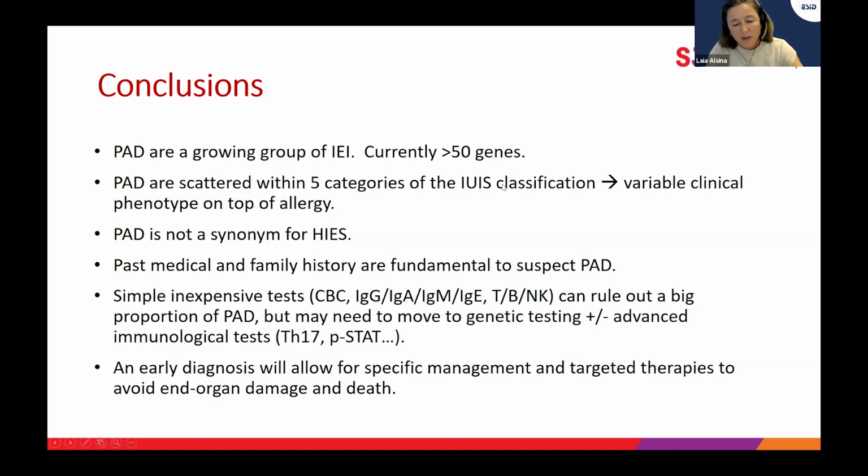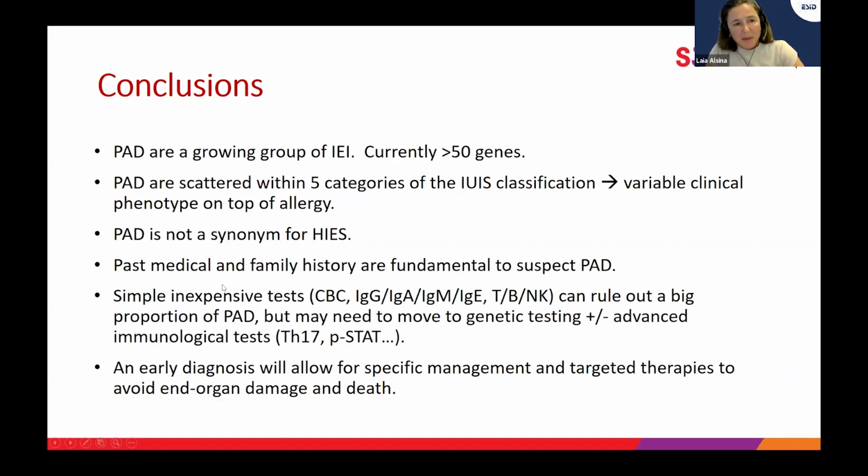Sometimes you will have more infections, sometimes more immune dysregulation, sometimes more inflammation. So it will depend on the location. Primary atopic disorder, of course, is not a synonym for hyper-IgE syndrome. Hyper-IgE syndrome is a specific form of primary atopic disorder.